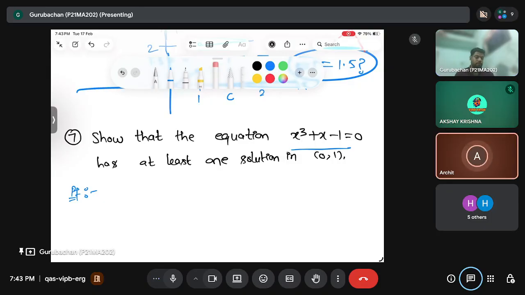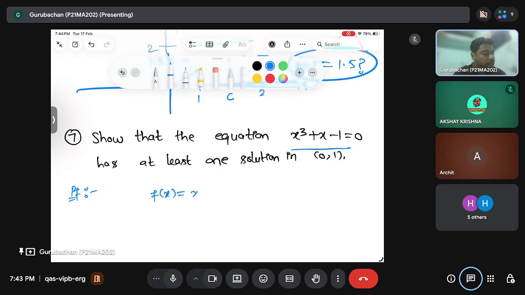Sir, is there a difference between root and solution? Yes. See, if you write f of x equal to x cube plus x minus 1 and say that the function has a root, suppose r is a root, that means this function will be 0 at that point.